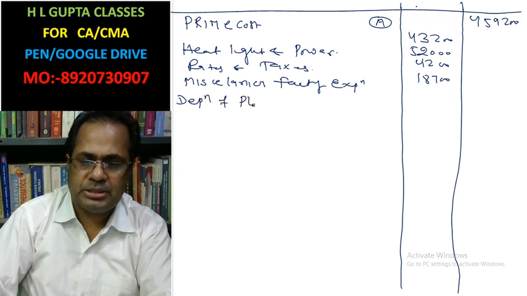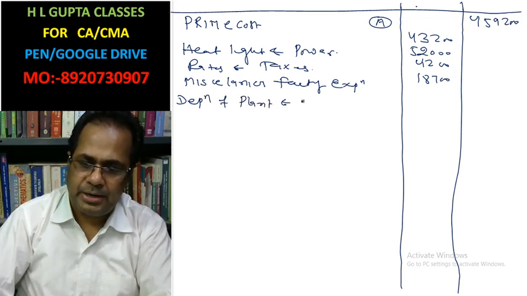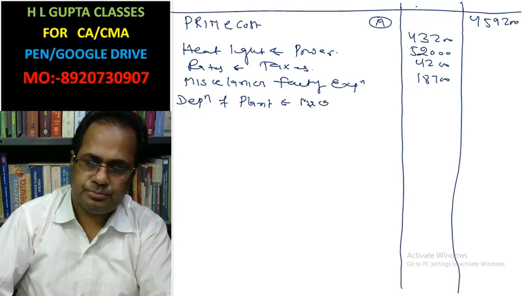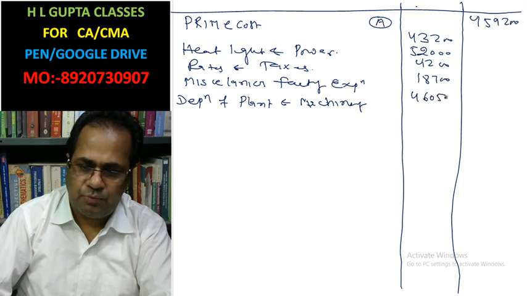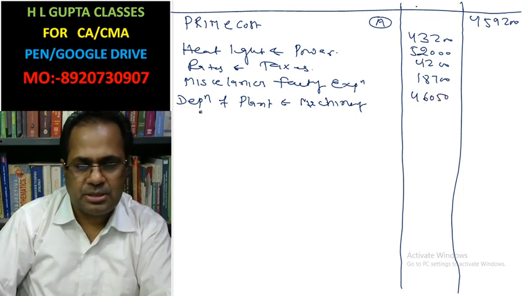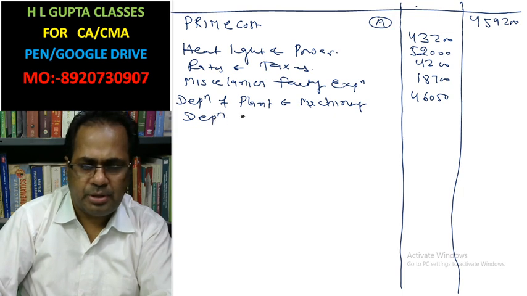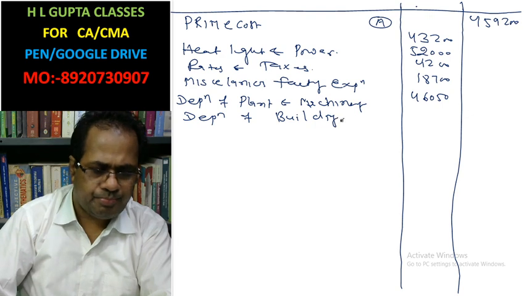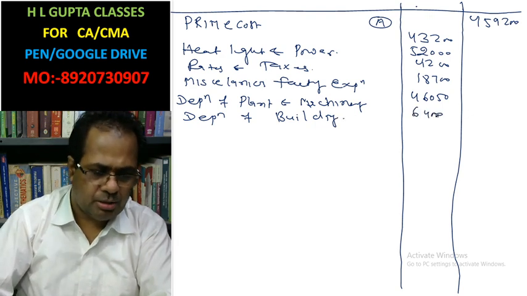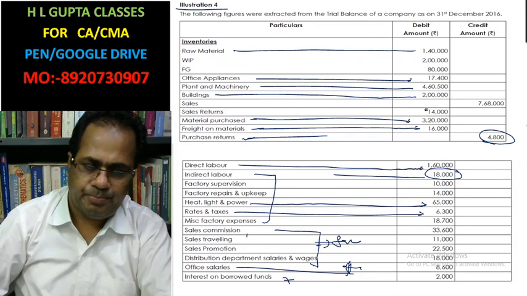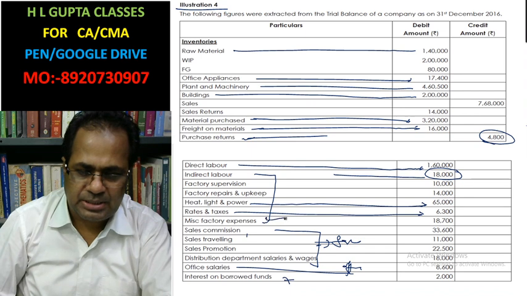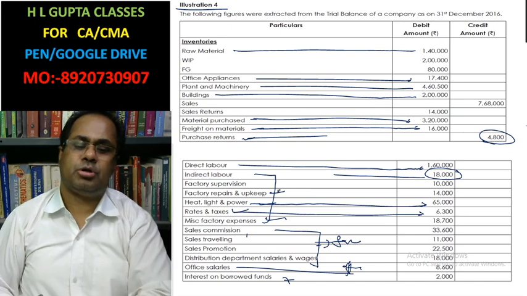This is calculated in working note, 4,6050. Depreciation of building, that is 6,400. These all expenditures are given here for factory.